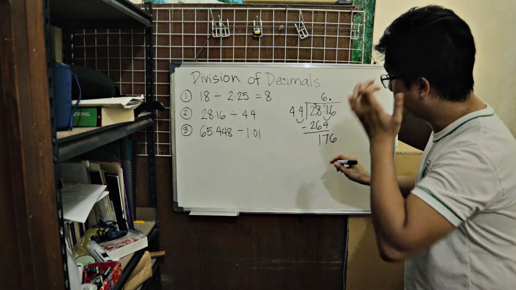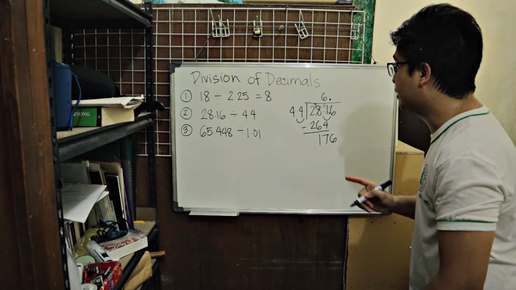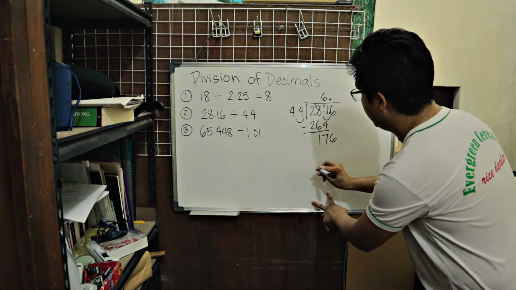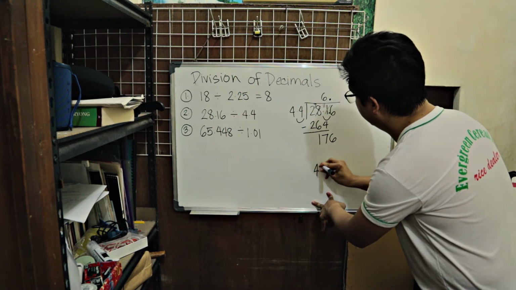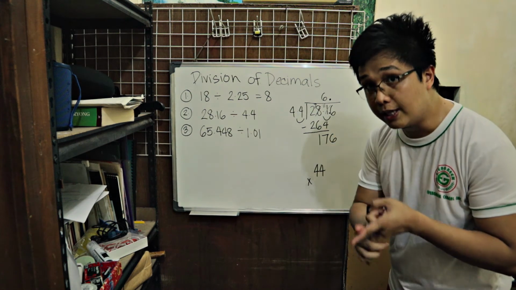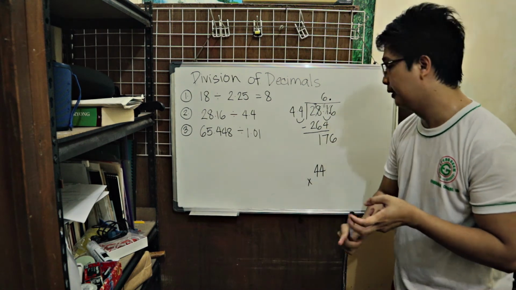We will look for a number na i-multiply sa 44 will give us a number very close to 176. Sige, let's try. 44 times, so na-try na natin ang 44 times 7, kag 44 times 6.